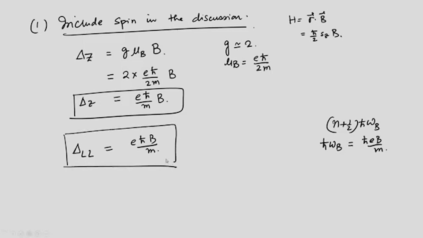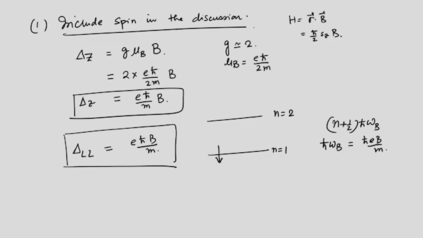What it means is that the Landau level spectrum for spin up electrons will coincide with one level, or one n, lower of the spin down electrons. Because these two are the same, and this is the energy difference between the up and the down spin electrons. So suppose this is n equal to 1 and n equal to 2, just taking two levels.